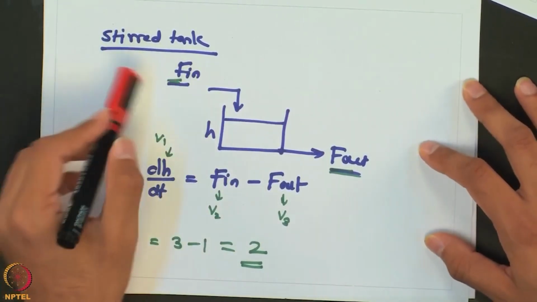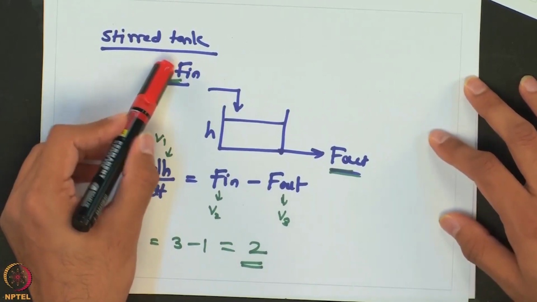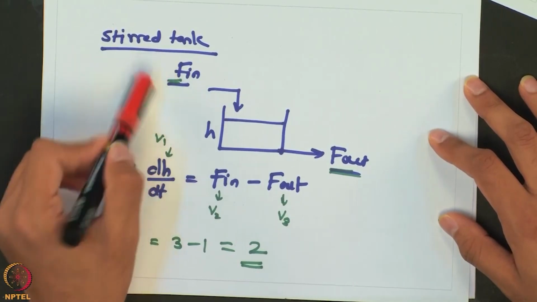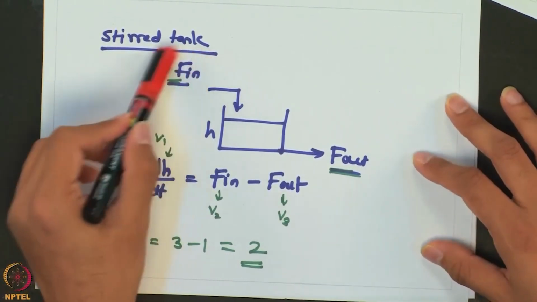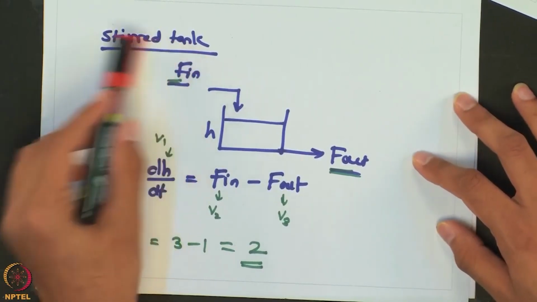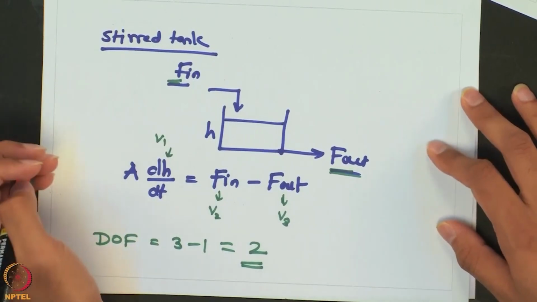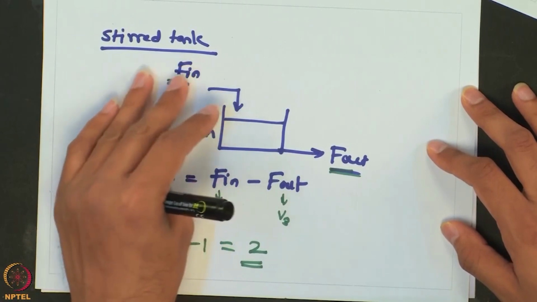So, now here the disturbance F in, even though I am calling it as something which we can manipulate, we know from the typical analysis for these kind of systems that even though I am calling F in as a variable, there is very little capability we have in terms of manipulating it. So, we would typically not consider it to be something which we can vary.